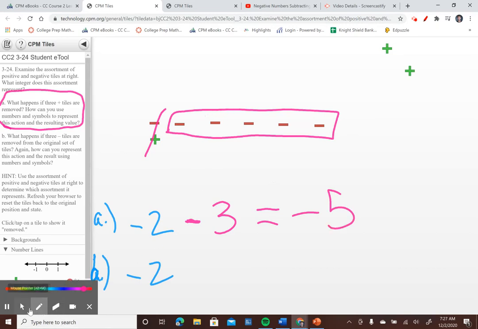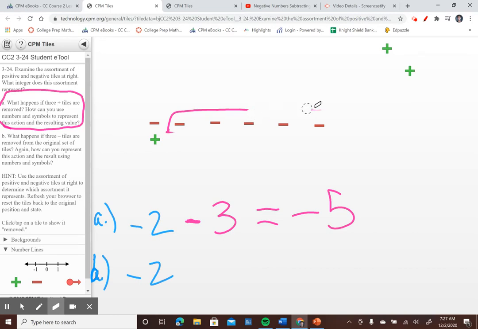All right, now this time, again, we're starting with -2. We are going to subtract -3, and we're going to see if that changes our answer here. So I'm going to put my positive tiles back. So my original value is -2. And this time we are going to subtract -3.